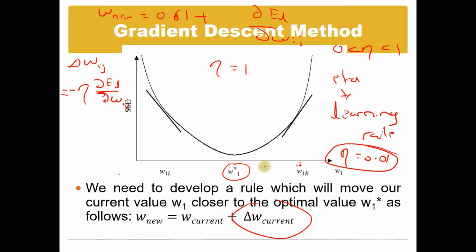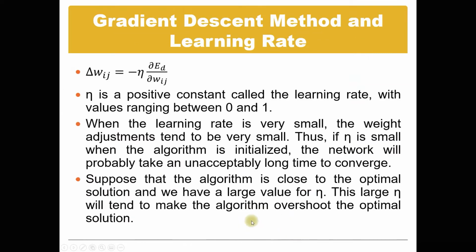Too small, it will take an unacceptable amount of time to reach the optimal solution. So you need to come up with a sort of compromise to determine this value of eta. So this is how we determine this change, which is the change in the weight that we were talking about.